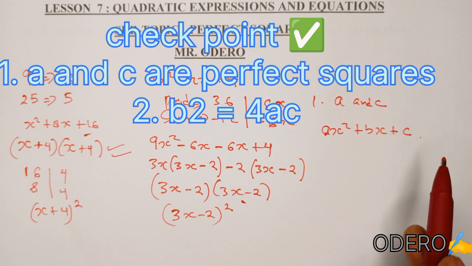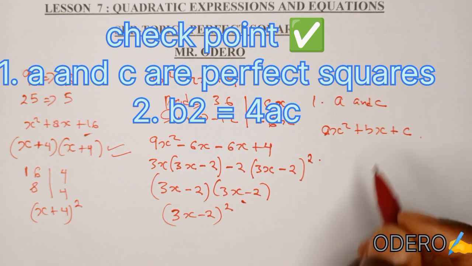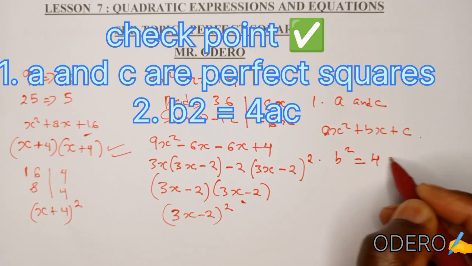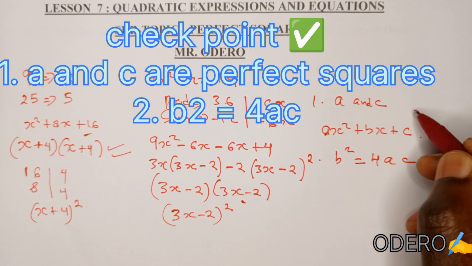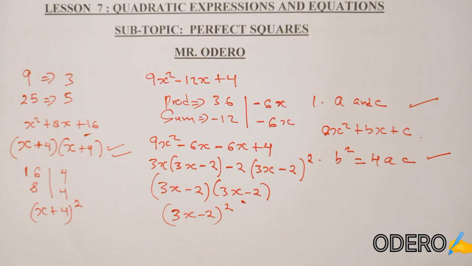Number 2, b squared should be the same as 4ac. If these two parameters are correct, then you know that expression is a perfect square. So let us do examples.